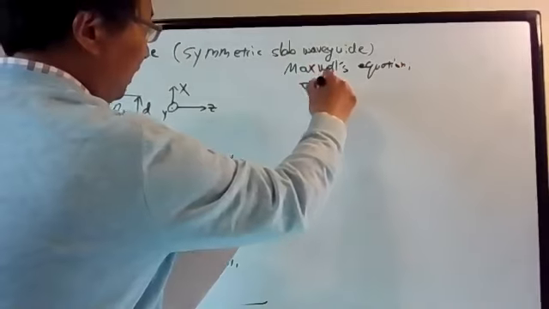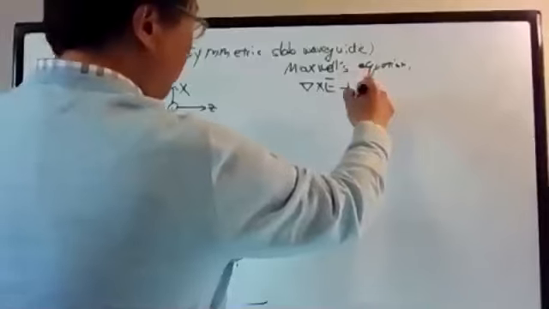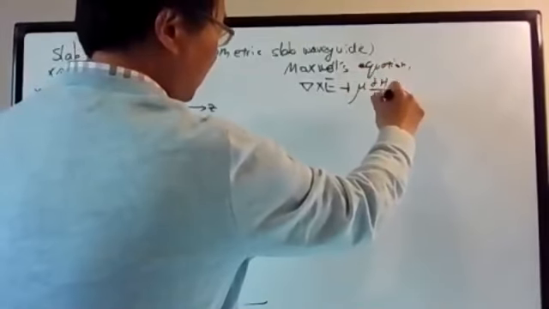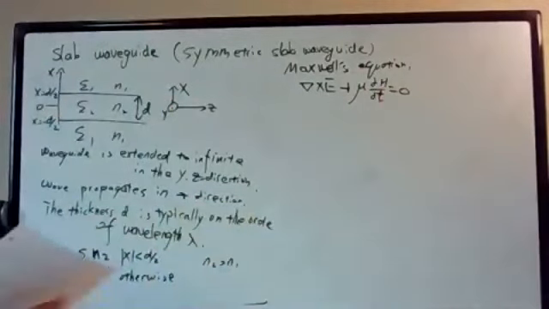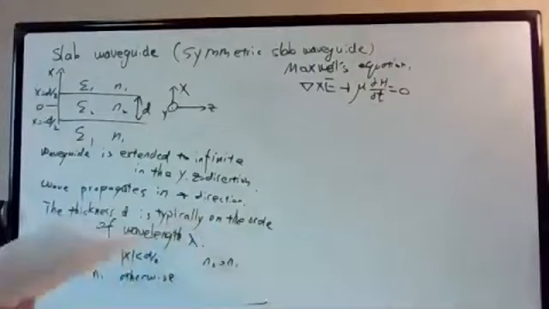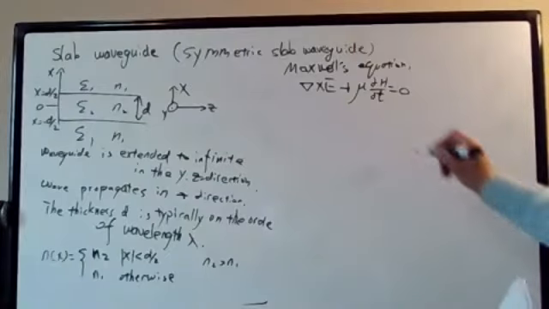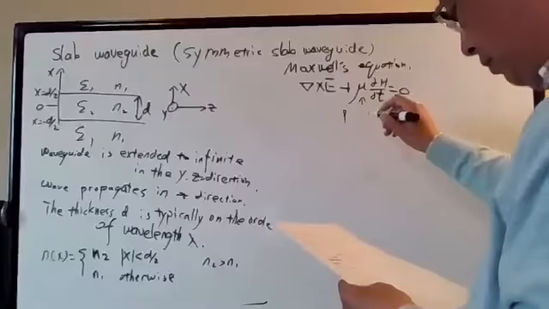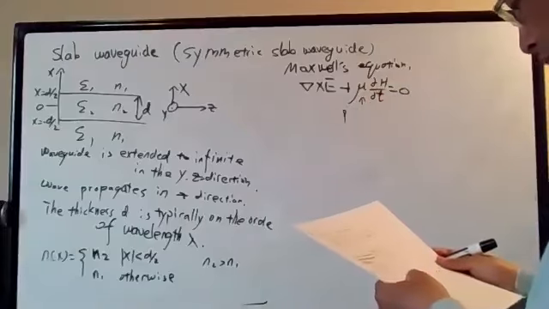Curl of E plus mu partial H partial t equals 0, right? So this mu is the permeability, right?